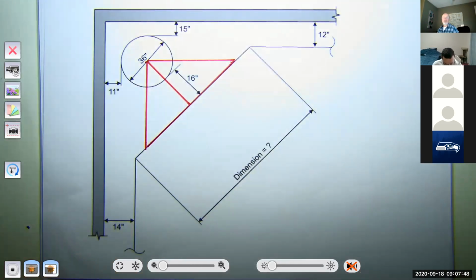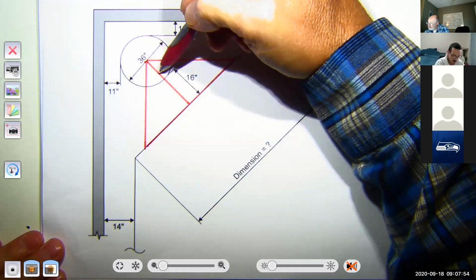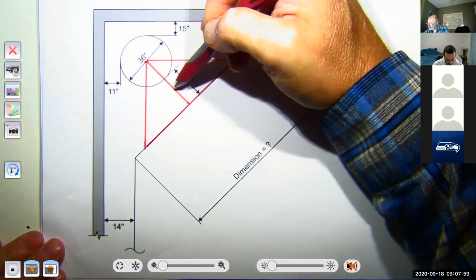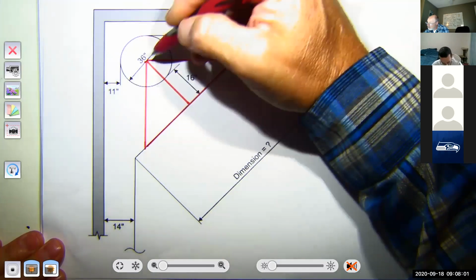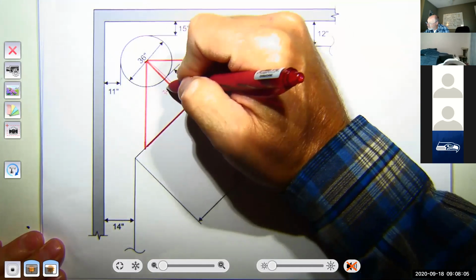Okay, there are my two triangles. And this line is half of 36 right here. So that's 18 plus 16. So this run or rise right here, this rise, is 34 inches.